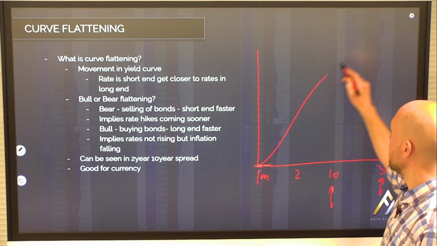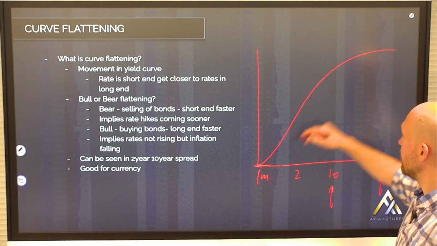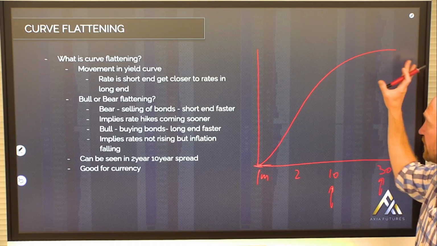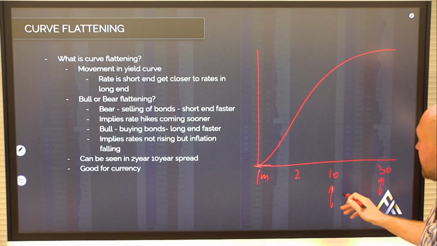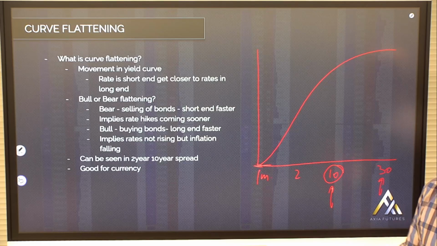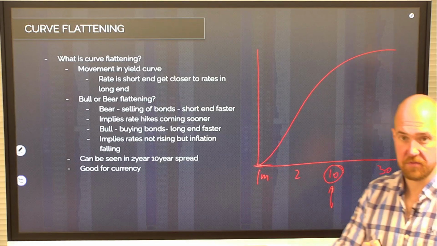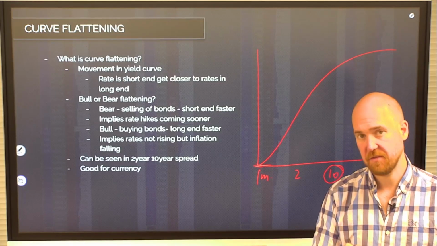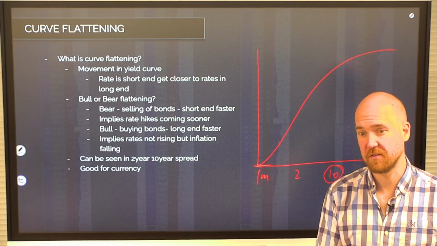what curve flattening is, you take a yield curve that looks like this. In this example, the yield curve looks like this. You expect to get a higher yield on a longer duration bond. Why? The higher yield has to counter the impact of inflation and also has to factor in a little bit more of creditworthiness as well.